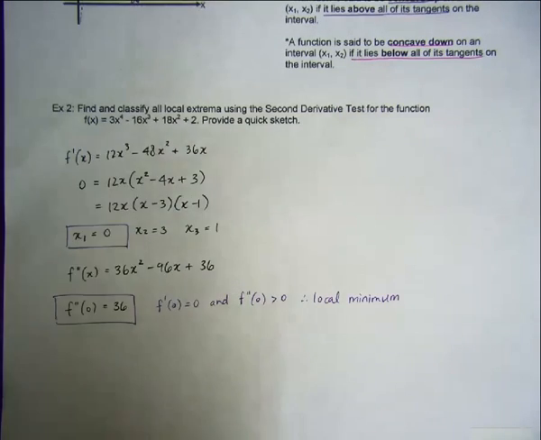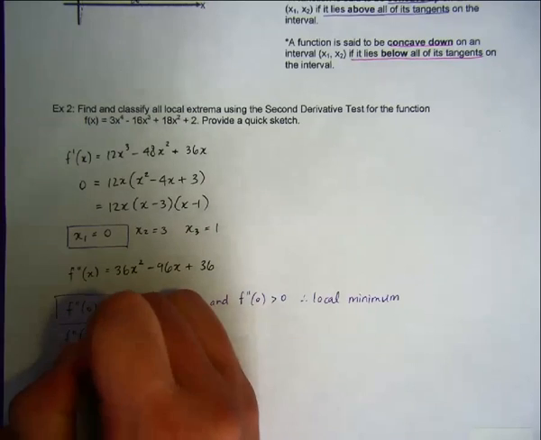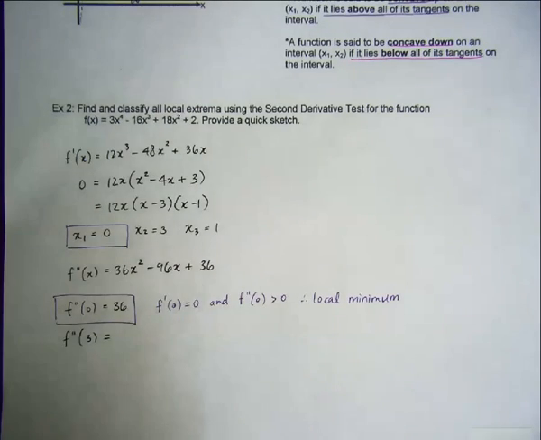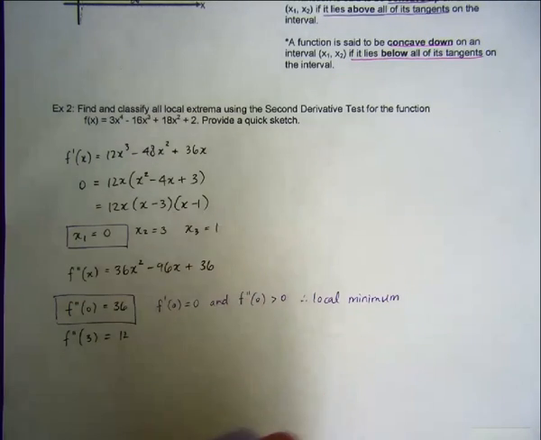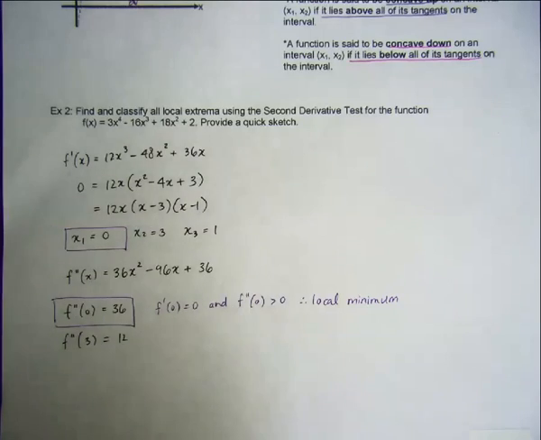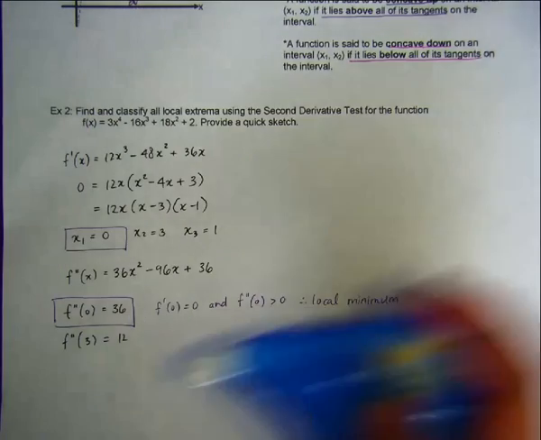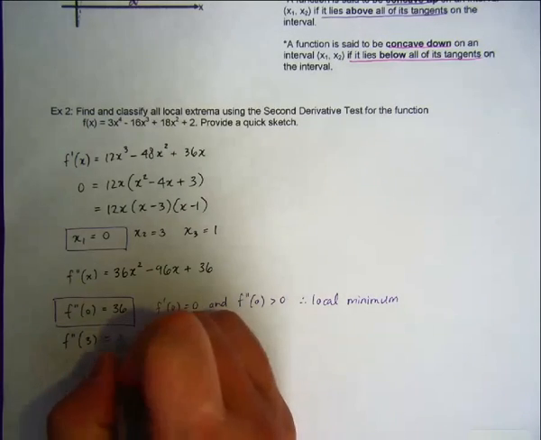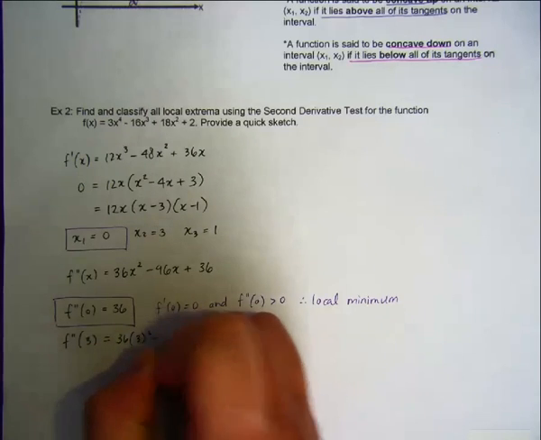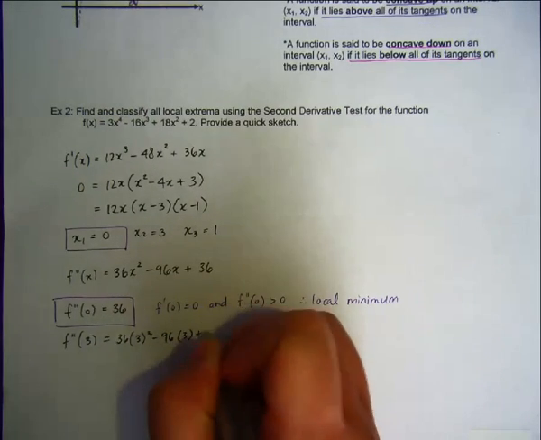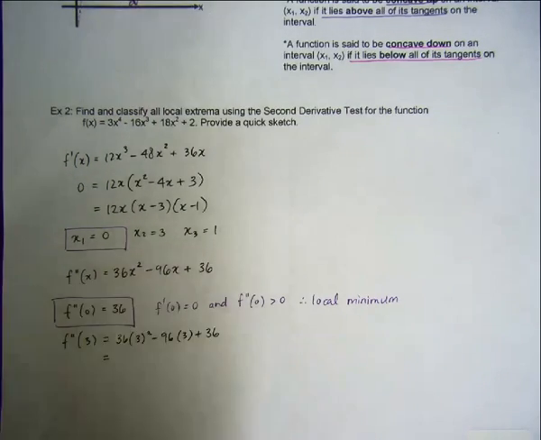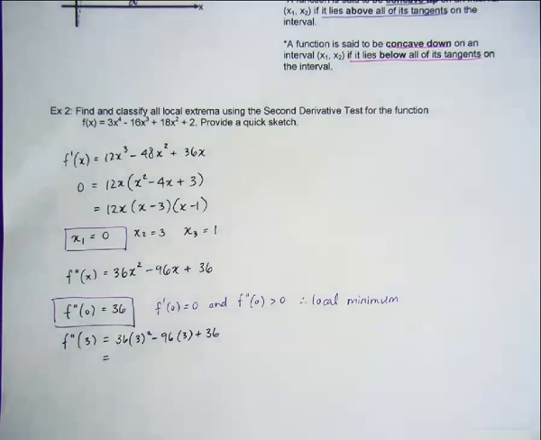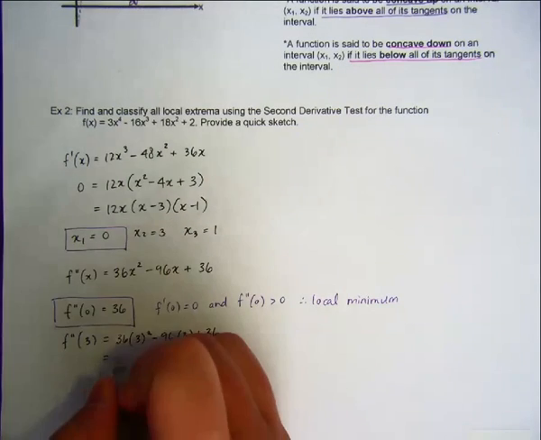Okay, let's repeat this for f double prime of 3. So when you plug in 36 times 3 squared minus 96 times 3 plus 36, we end up with 72.